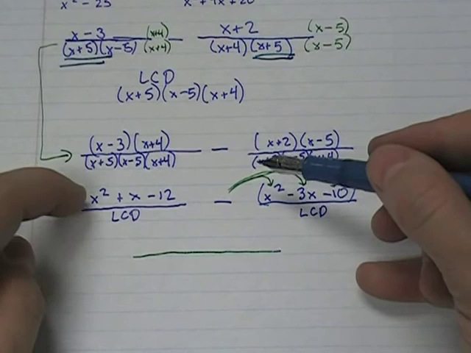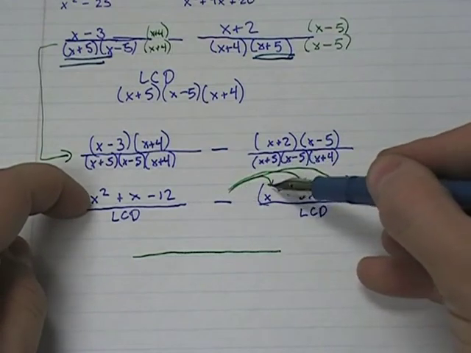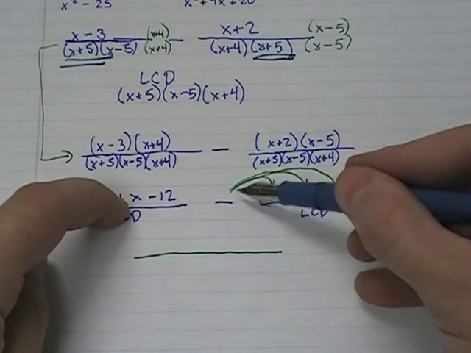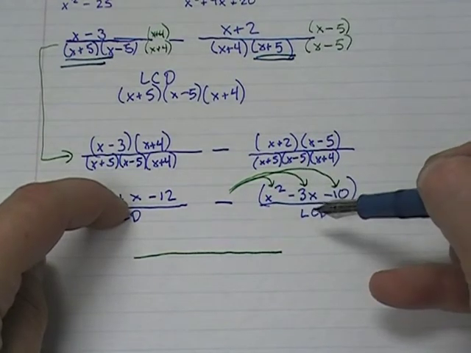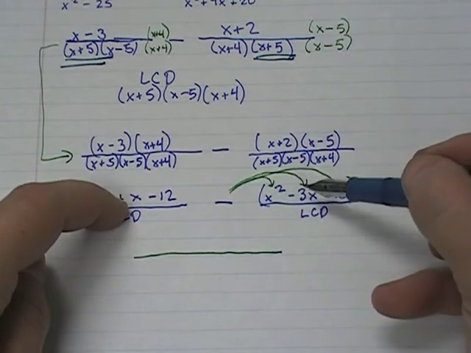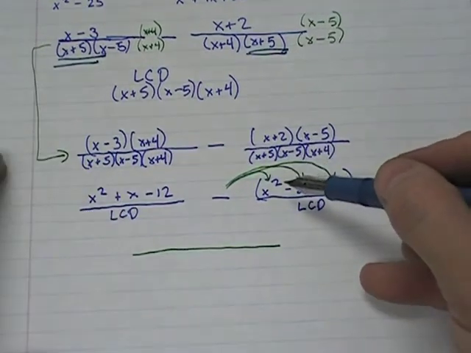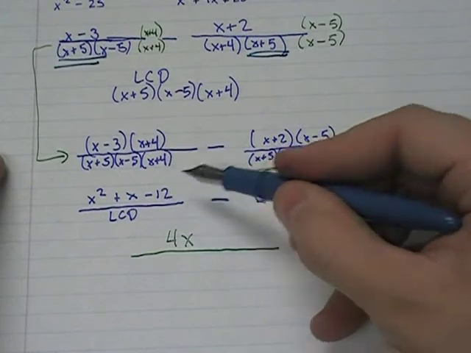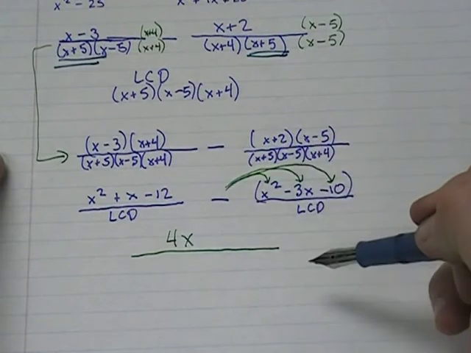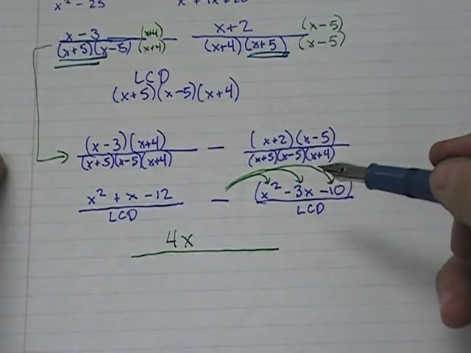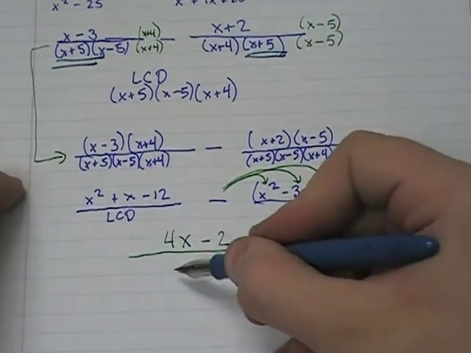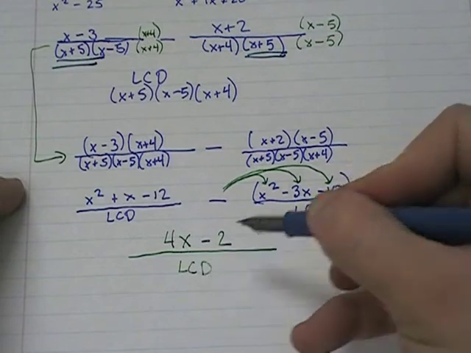So, what is x² - x²? 0. What is x - (-3x)? Well, minus negative 3x is the same as plus. So x + 3x is 4x. And then -12 - (-10). Well, that's the same as -12 + 10, which is -2, all over the LCD.